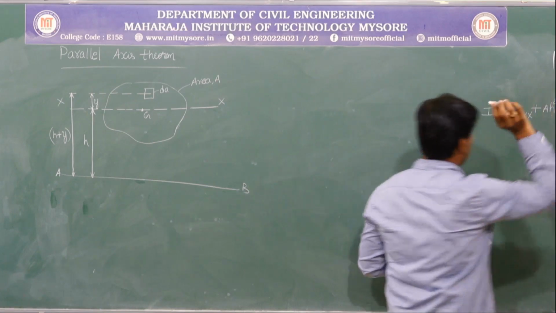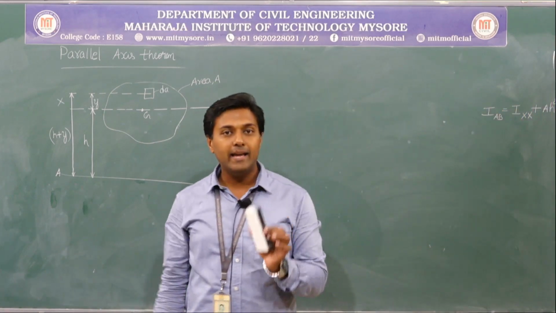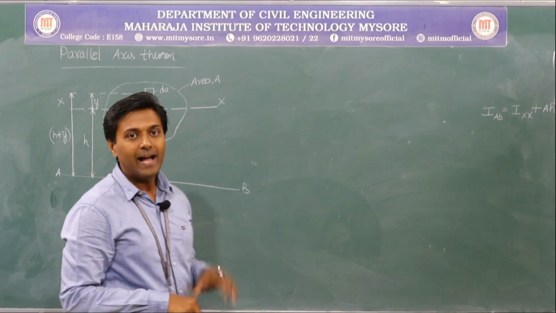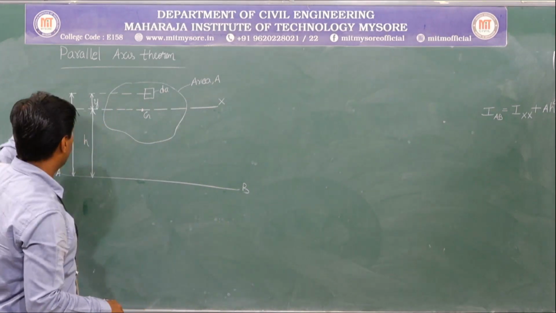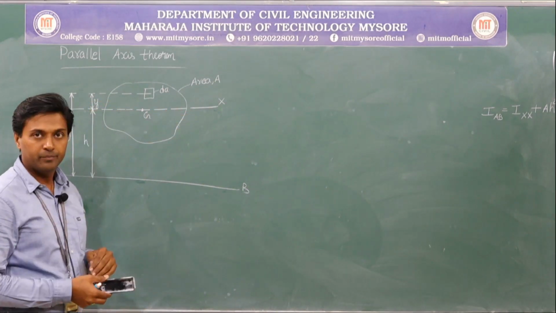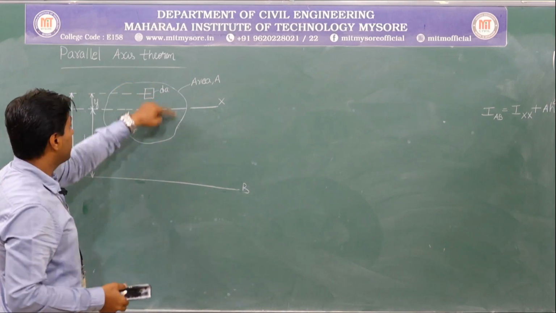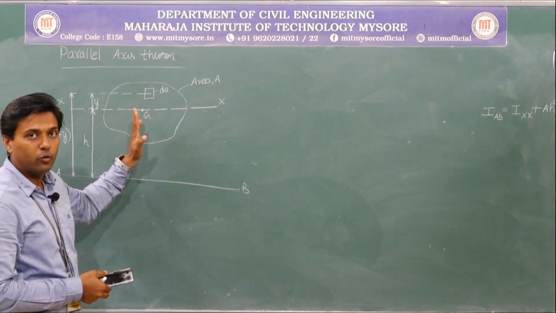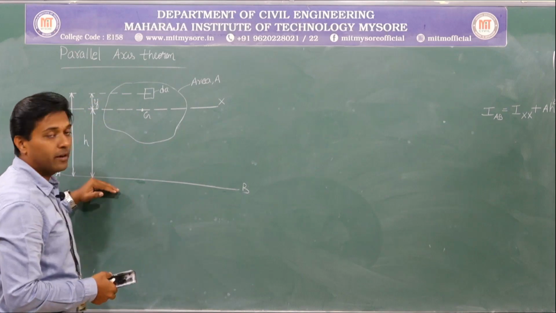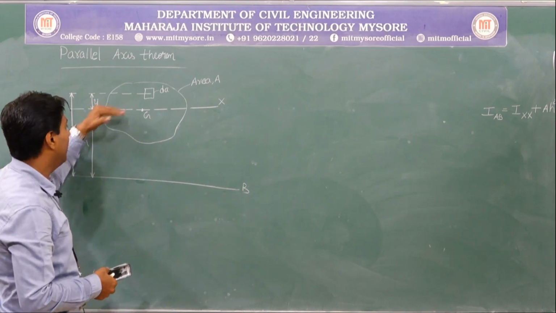So this is what I need to prove now: IAB is equal to IXX, the moment of inertia passing through the centroid, plus the area into the square of the distance between the two parallel axes.